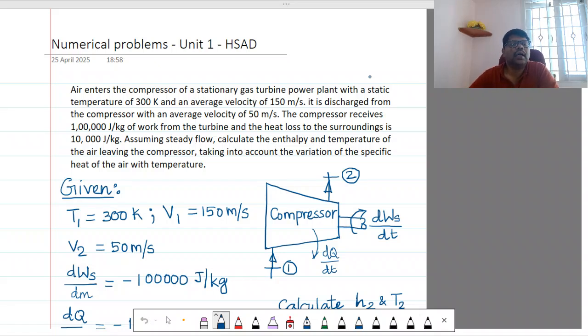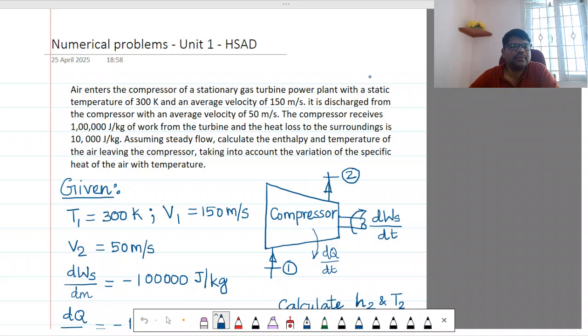Right. In this question, they have given data of a compressor. Compressor is basically an open device. That means it can be categorized as a control volume or open system, right?